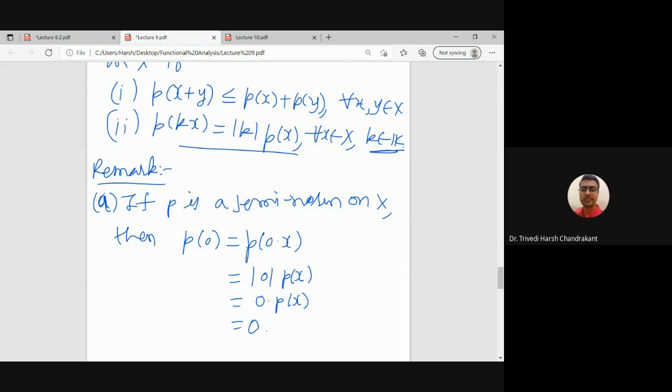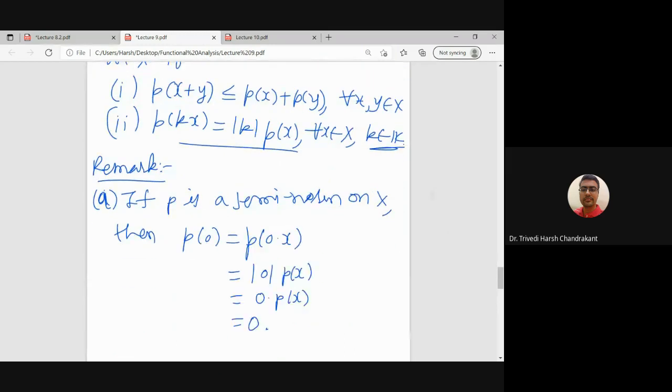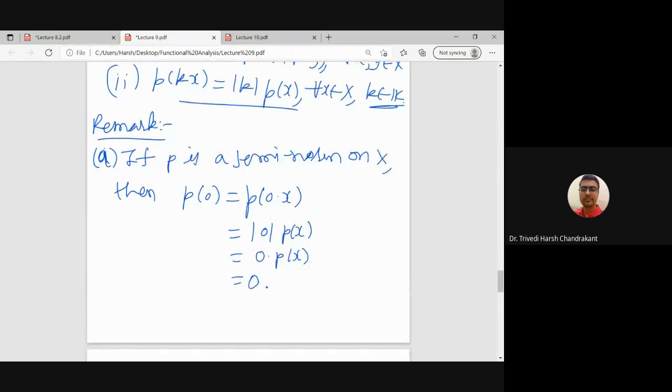So 0 times a real number is always 0. Right. So what we got is certain information about seminorm: if p is a seminorm which satisfies the second property and first property, then p of 0 is always 0. This is similar to the norm of the 0 vector being 0. Right. What we are getting for the seminorm comes from the seminorm definition.